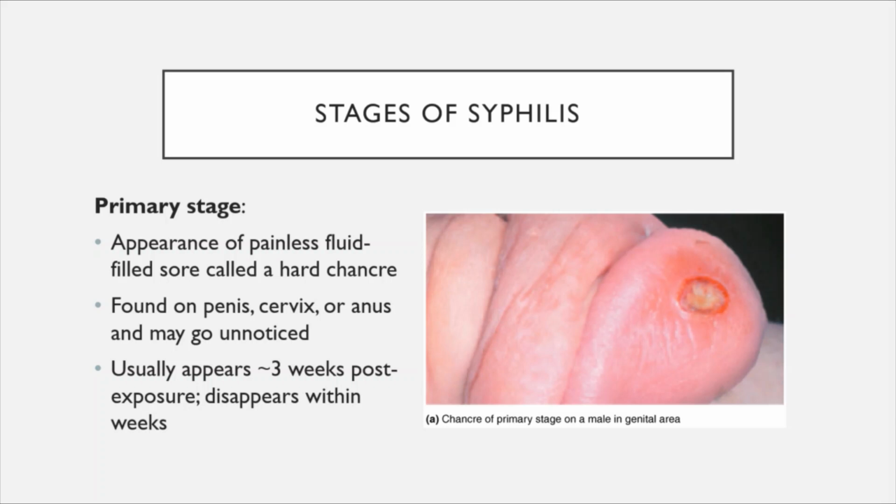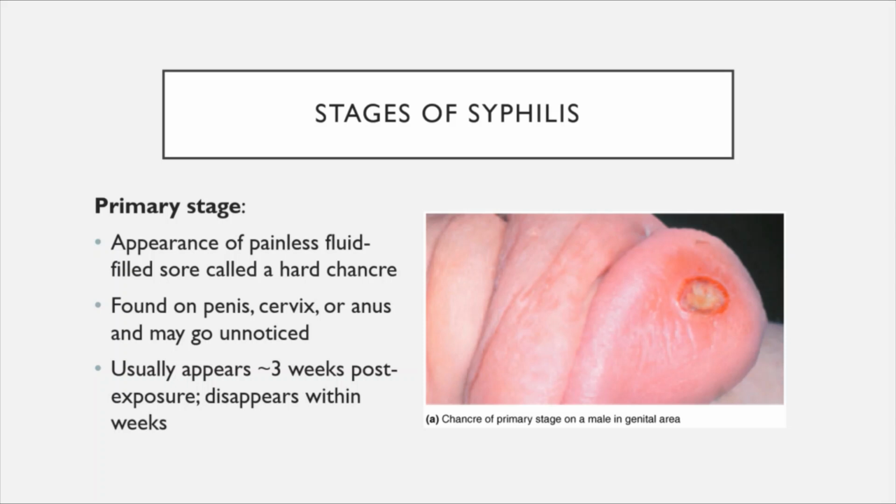The primary stage is the first stage that typically appears about 3 weeks post-exposure, but this can vary anywhere between 10 and 90 days. It usually resolves itself within weeks, but the presentation looks like the appearance of a sore called a hard chancre at the site of the infection.